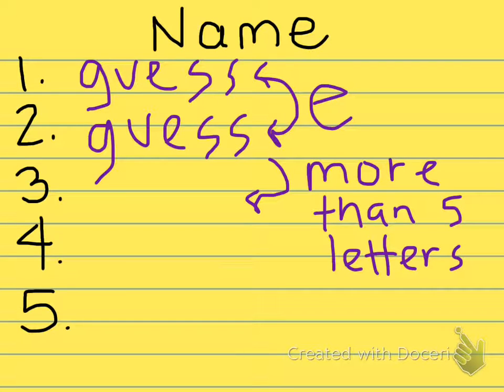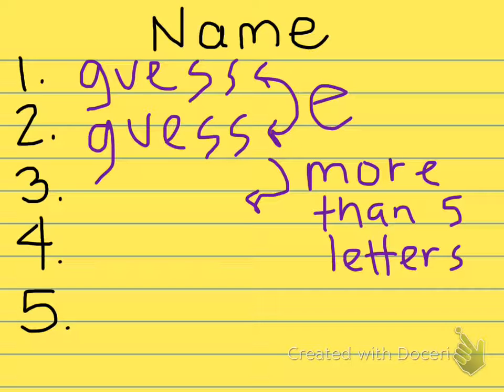Okay, so now you should have 3 words on your sticky note. It might be the same word 3 times. If the word is on the word wall, it has an E in it, and it's more than 5 letters. If the first word you chose has all those things true, then you should have the same guess written all 3 times. However, you might need to change your guess this time if your word that had an E in it does not have more than 5 letters.